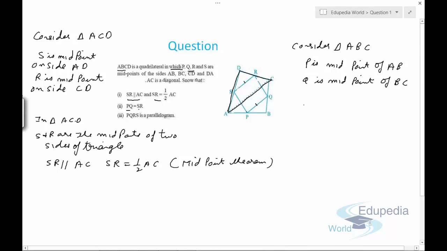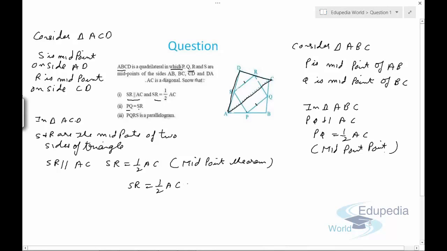So in triangle ABC, PQ is parallel to AC and PQ is half of AC, by the midpoint theorem. Now, since we have SR equal to half of AC, let it be first, and PQ is half of AC, let it be second. Now from 1 and 2 we can say that PQ equals SR. So this is how we can prove the second part, and PQ is also parallel to SR.